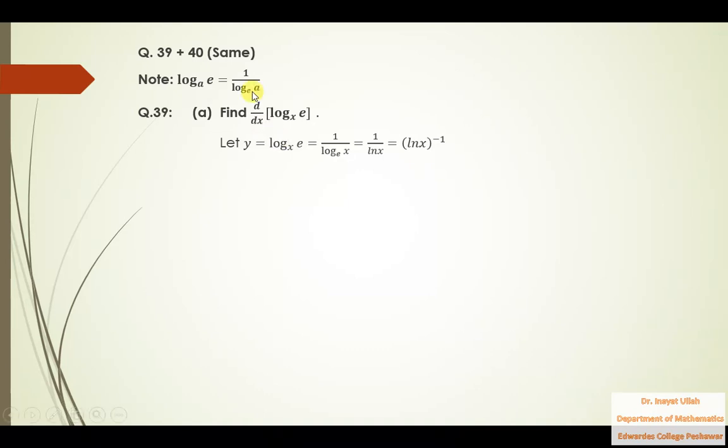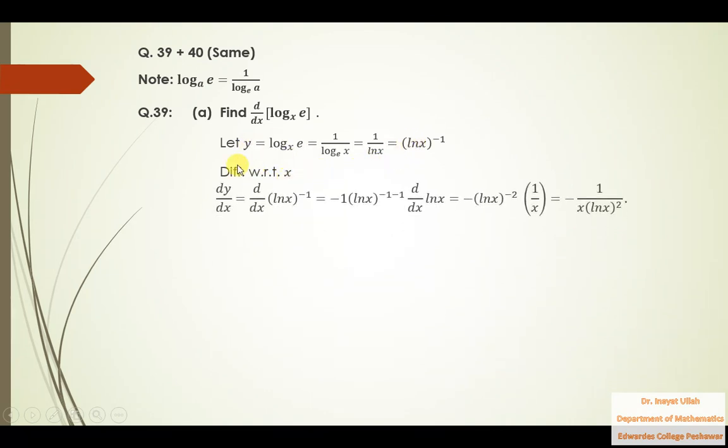Now we need to find the derivative of this function, it means that we need to find the derivative of y. So differentiate with respect to x both sides, so you'll get dy/dx on that side and d/dx of (ln x) whole inverse on the other side. Now that is actually the derivative of u whole inverse.